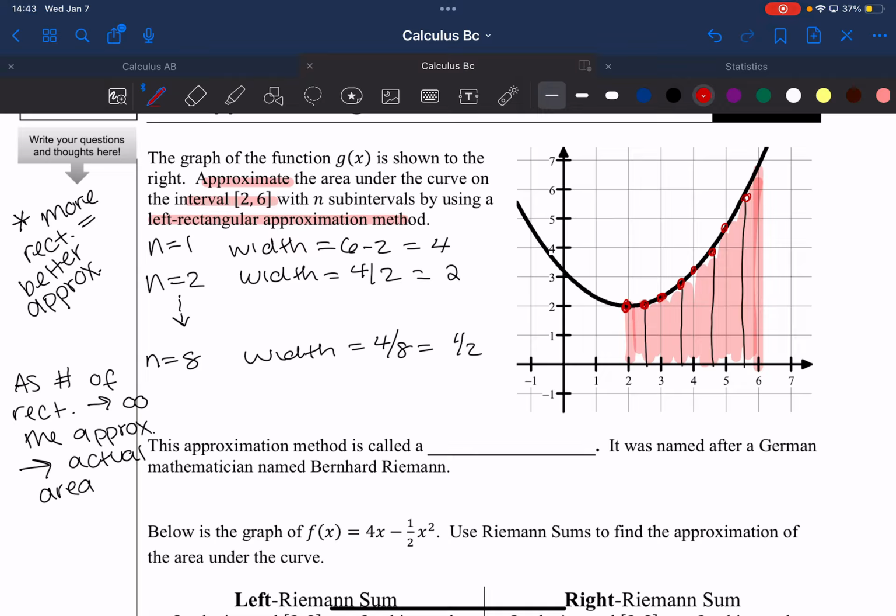Okay. So when I'm drawing my rectangles, and only the left part is going to touch, I'm going to have these little rectangles.